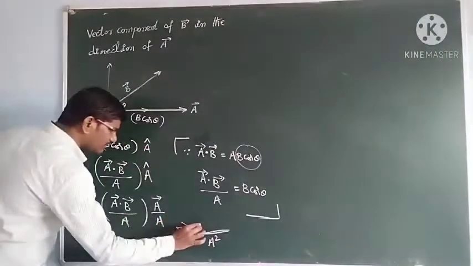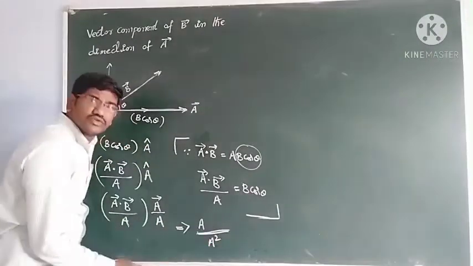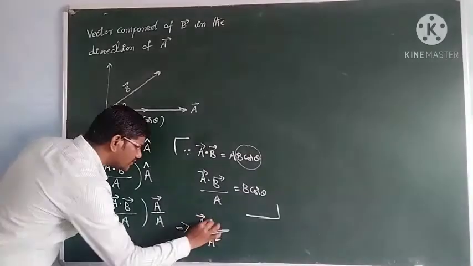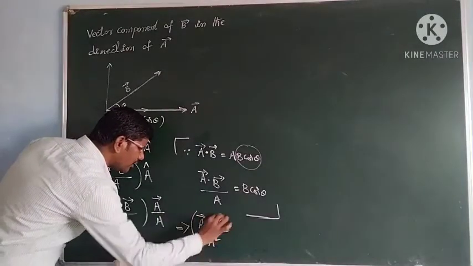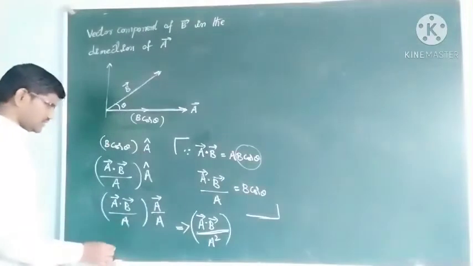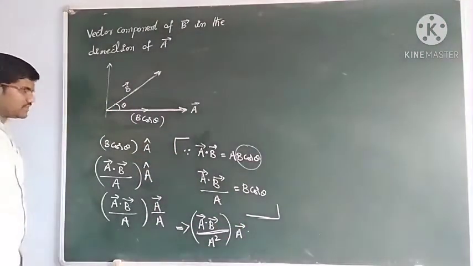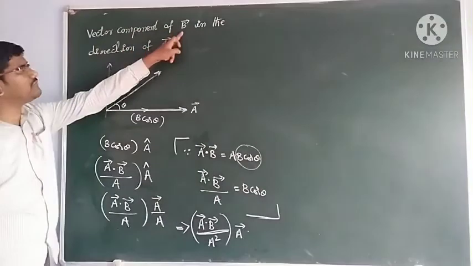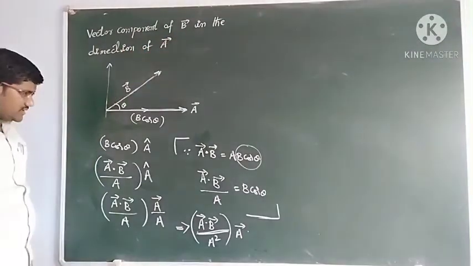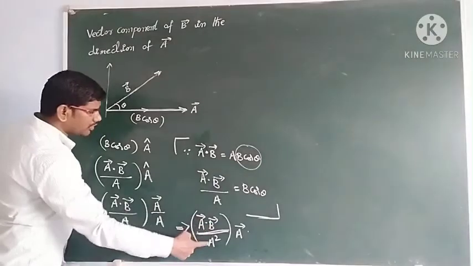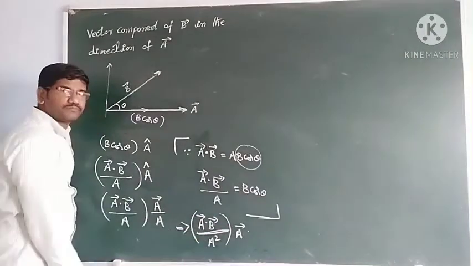And here you will get A bar dot B bar into A bar. So this is the vector component of B bar in the direction of A bar, equal to A bar dot B bar by A square into A bar. Okay, students.